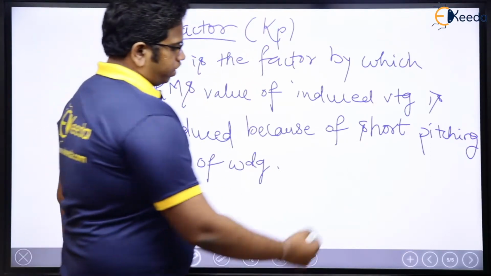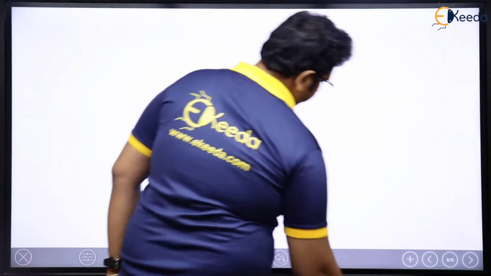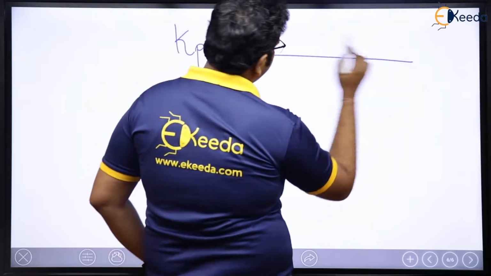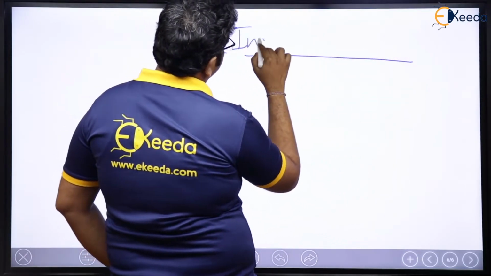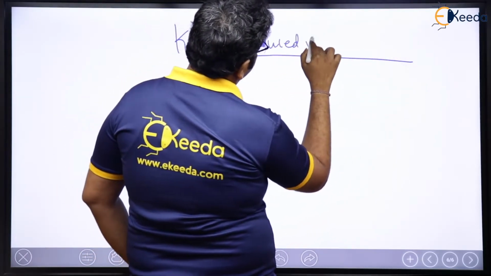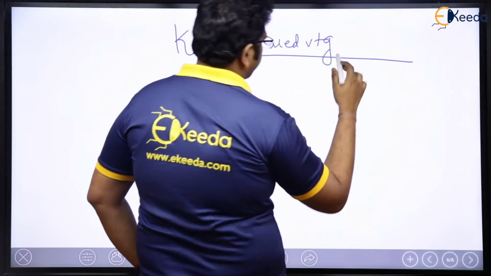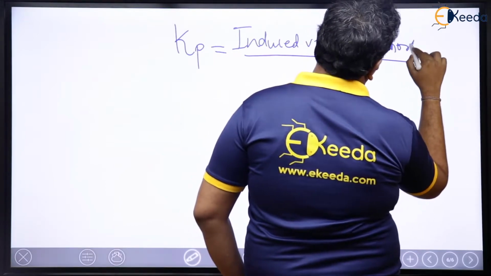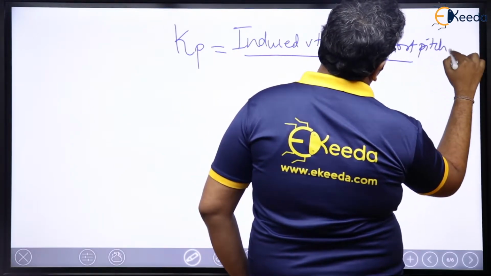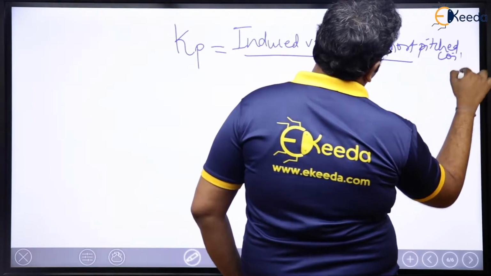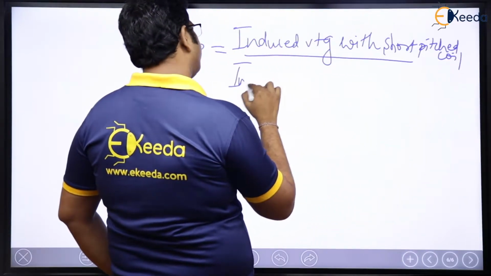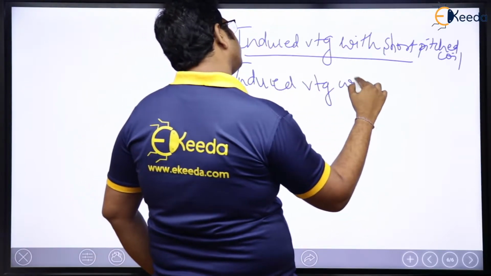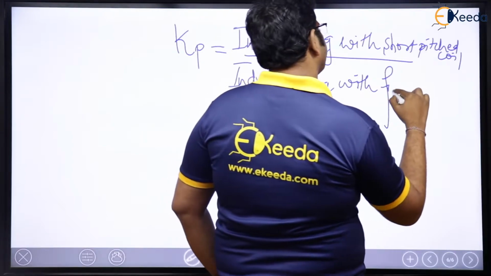Right? So now let me define here. Let me use Kp. So Kp will be defined as the induced voltage with a short pitched coil, divided by the induced voltage with a full pitched coil.